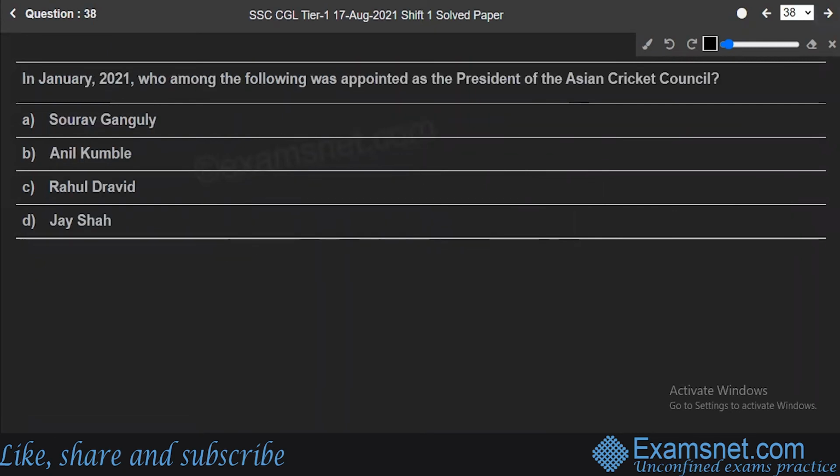In January 2021, who amongst the following was appointed as the president of Asian Cricket Council? Is it Saurav Ganguly or Anil Kumble or Rahul Dravid or Jay Shah?